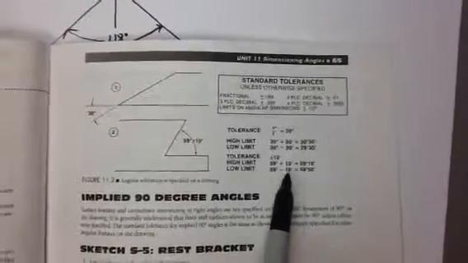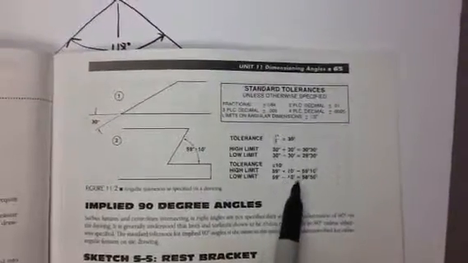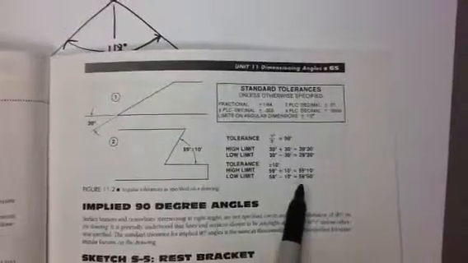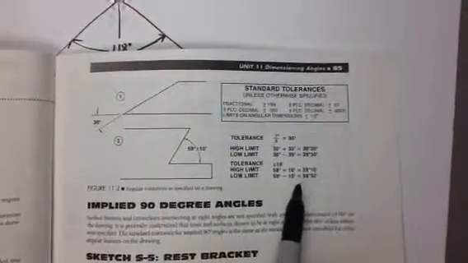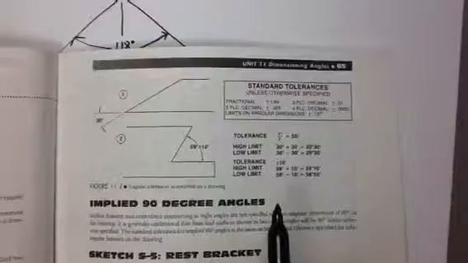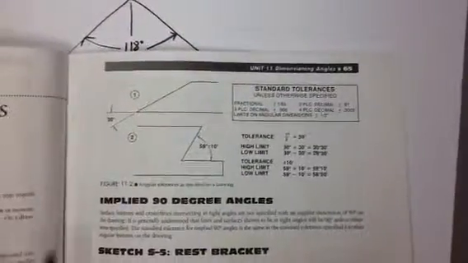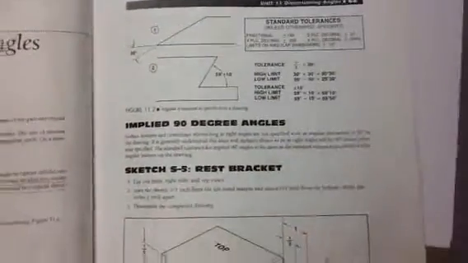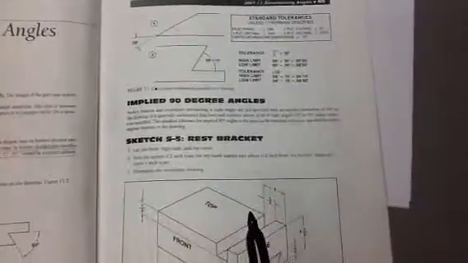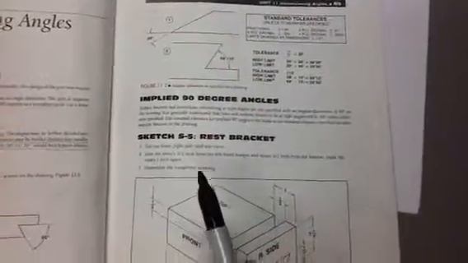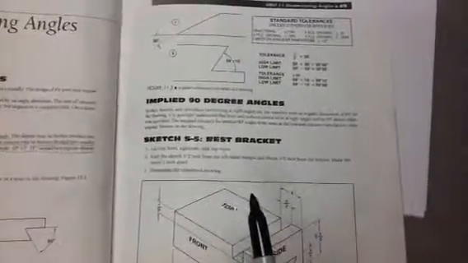They're just taking plus 10 minutes and then minus 10 minutes, and you get 59.10 and 58.50. And implied degrees, you can read about that there, but that's basically saying that every corner on that part is going to be implied 90 degrees. It doesn't have to be noted as a 90-degree angle.